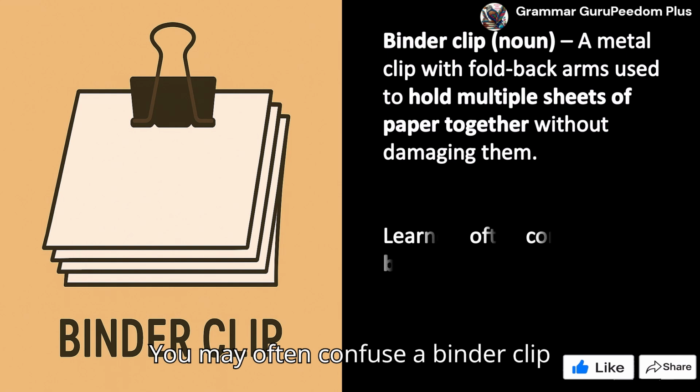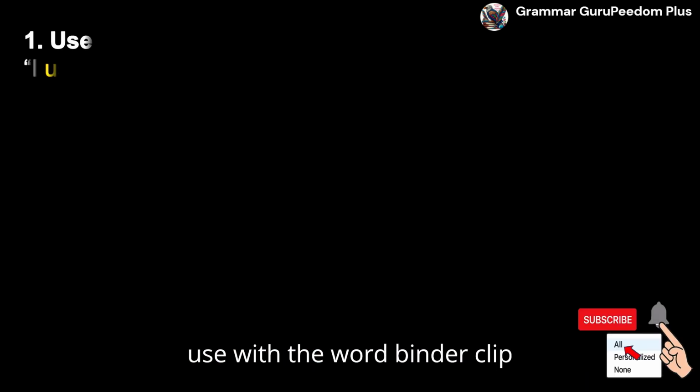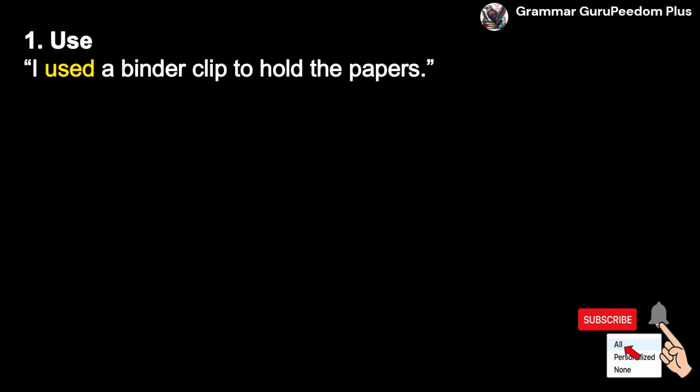You may often confuse a binder clip with a paper clip or a stapler, but a binder clip is stronger and holds more. We'll look into some action words you can use with the word binder clip.